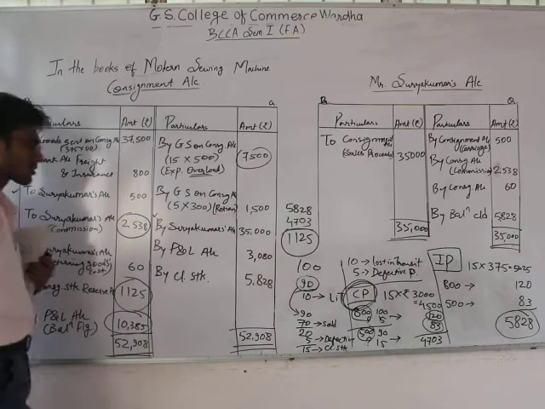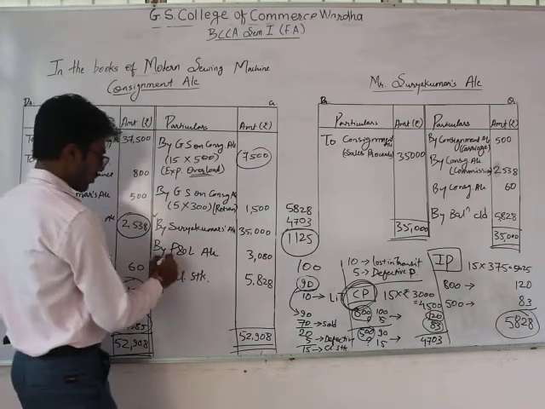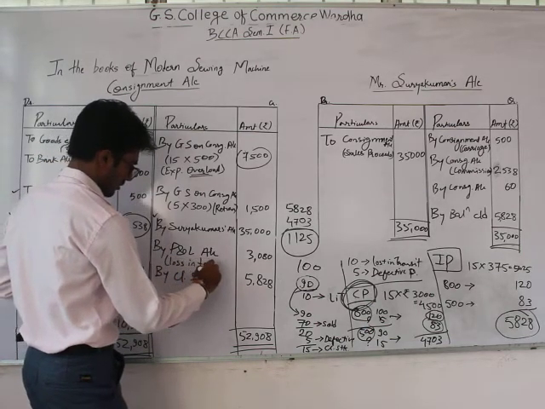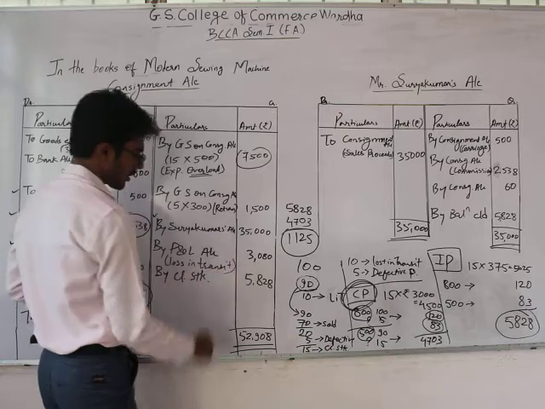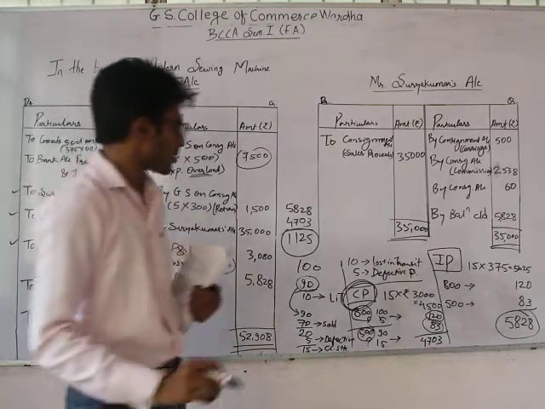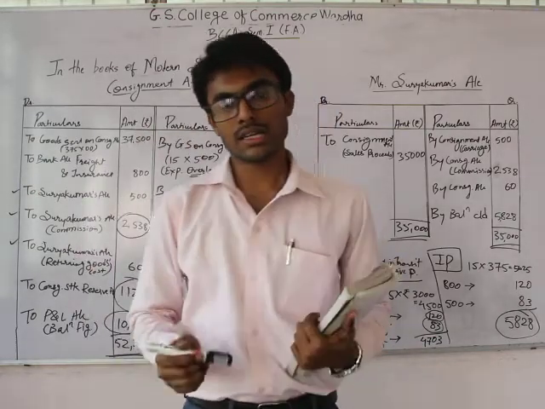And this P&L is for loss in transit for 10 units. So that is how you can calculate the consignment account and consignor's account.